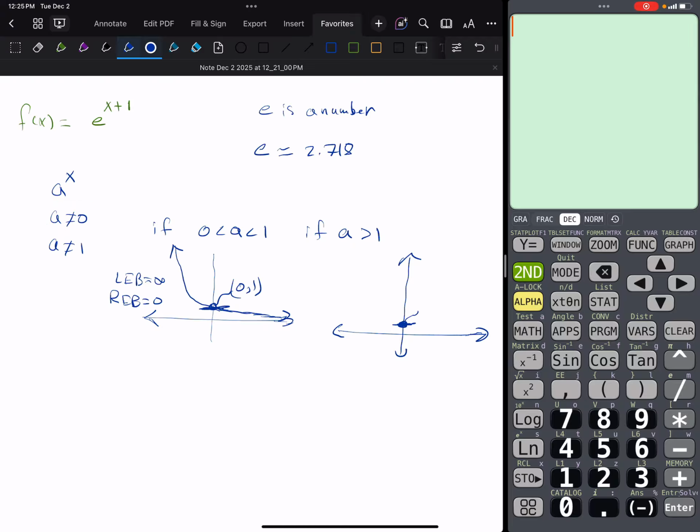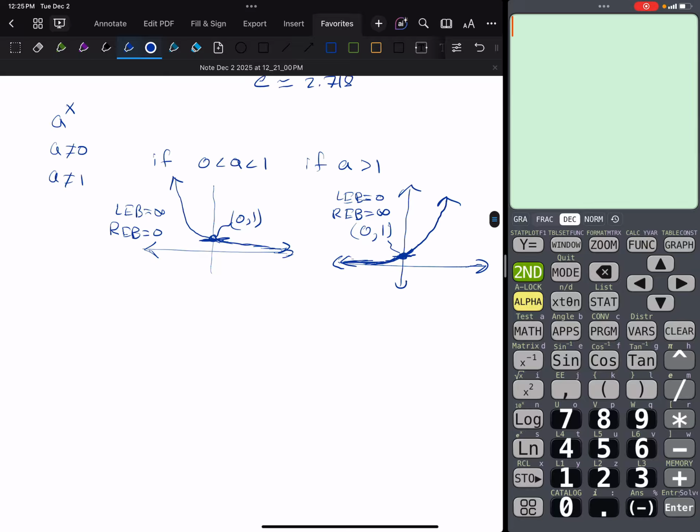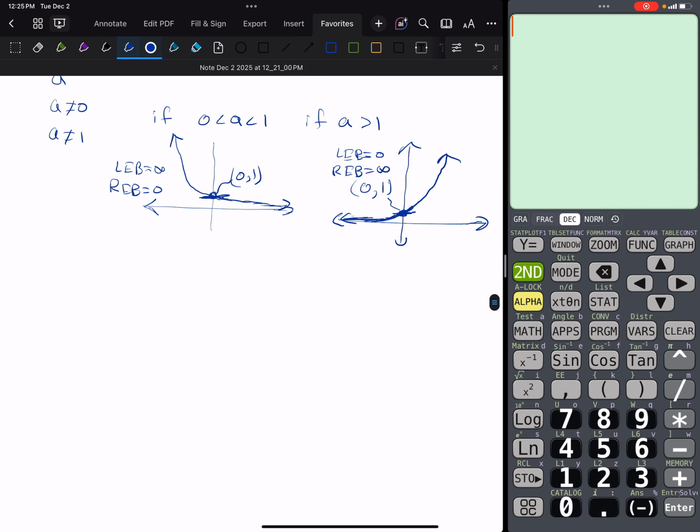And so we still have the point (0, 1), but this time my left end behavior is 0, and my right end behavior is infinity. And so I approach the horizontal asymptote off to the left, and I explode with the exponential growth on the right. And so that's the difference between the two basic graphs.